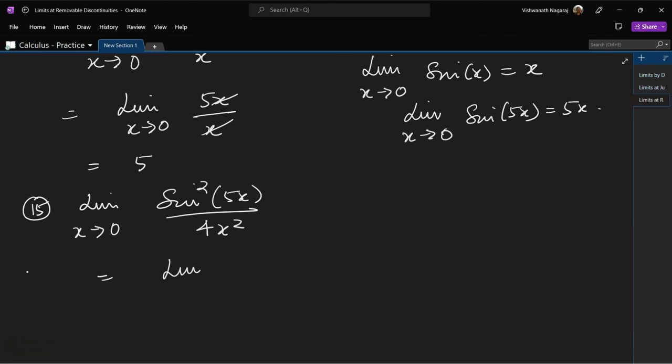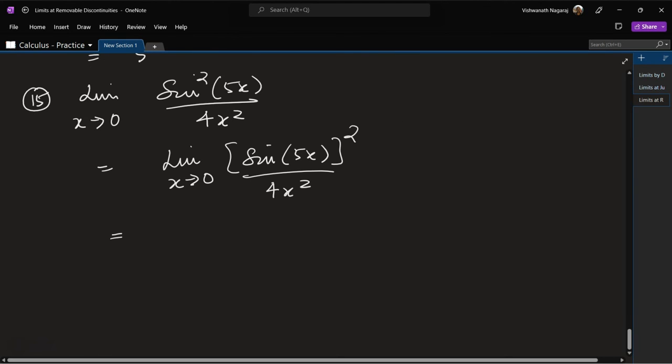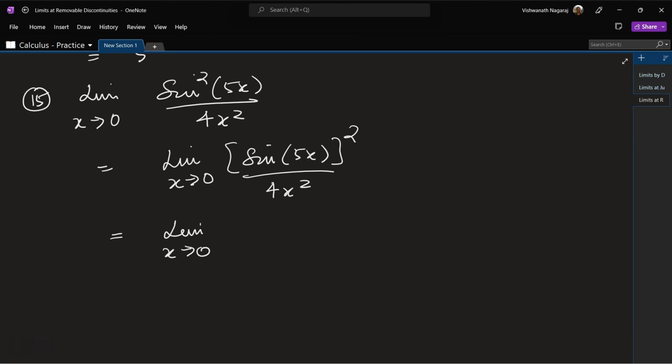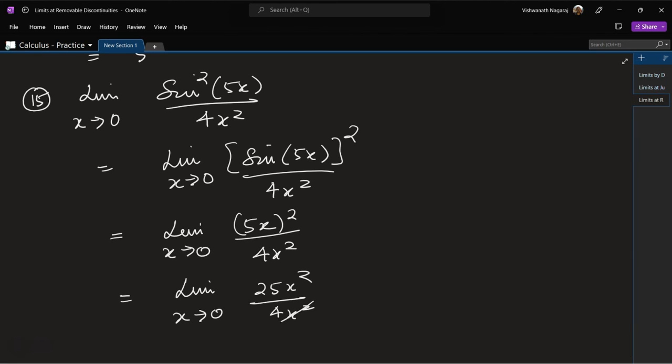So this we can write as limit as x approaches 0 of sin 5x whole square by 4x square, which is equal to limit as x approaches 0 of 5x whole square by 4x square, which is 25x square by 4x square.